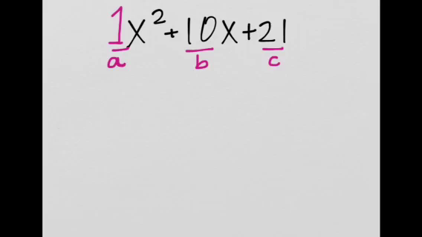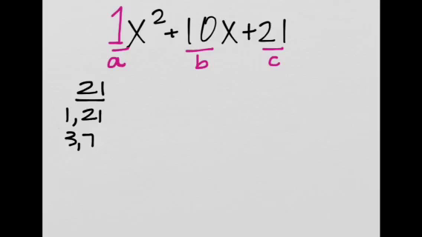Now when we factor trinomials where a is 1, we really only need to look at our c. So our c is 21, and we want to find the factors of 21. So we have 1 and 21 and 3 and 7.